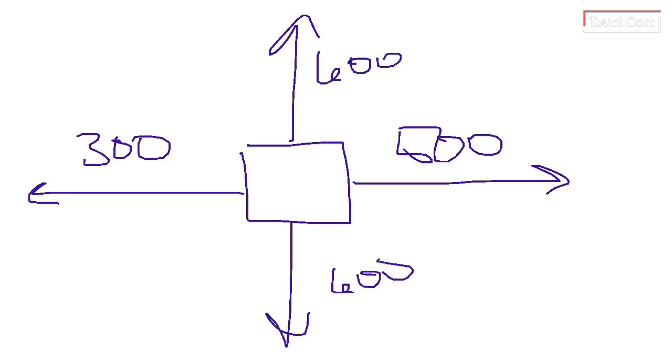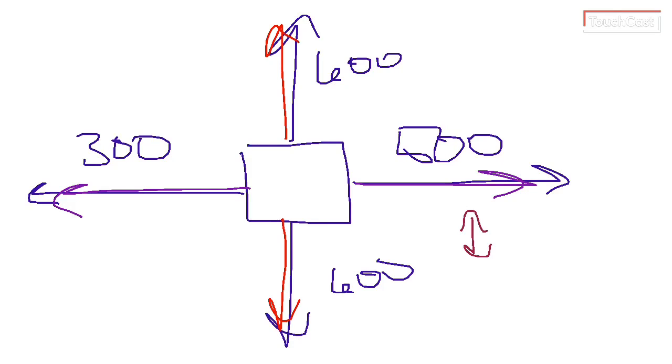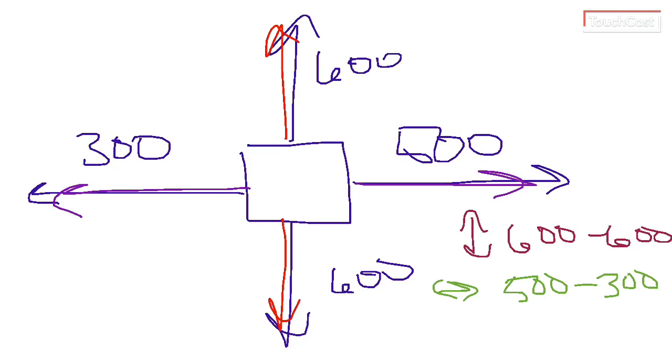What you do when you solve for net force is consider your up and down arrows as one plane and your left and right arrows as another plane. The up and down arrows are 600 minus 600, and the left and right arrows are 500 minus 300.